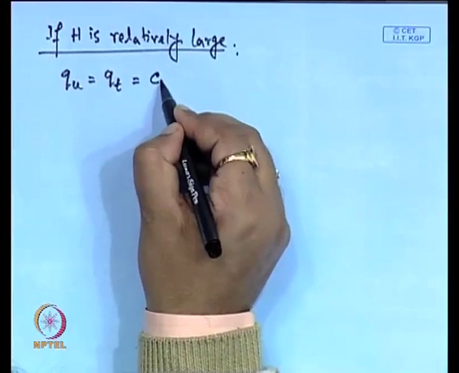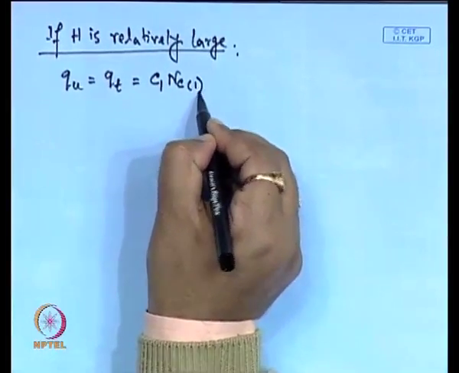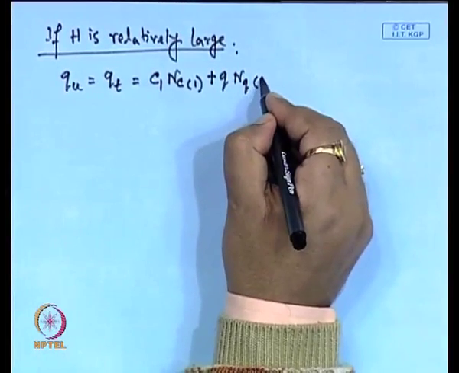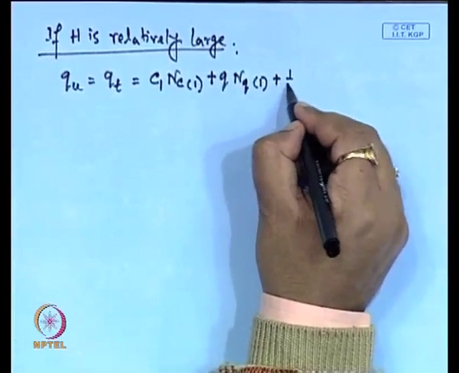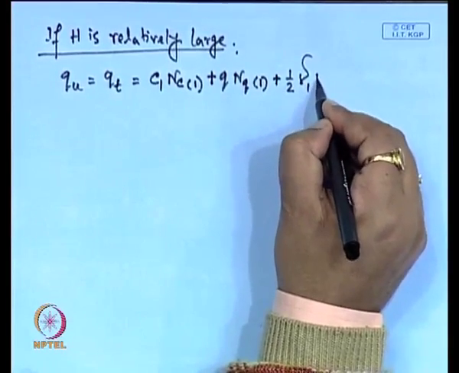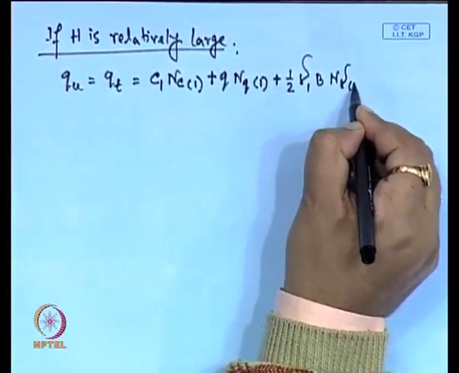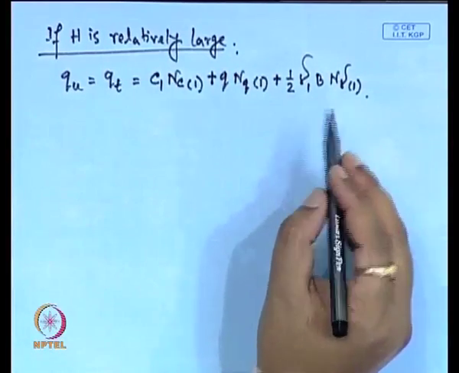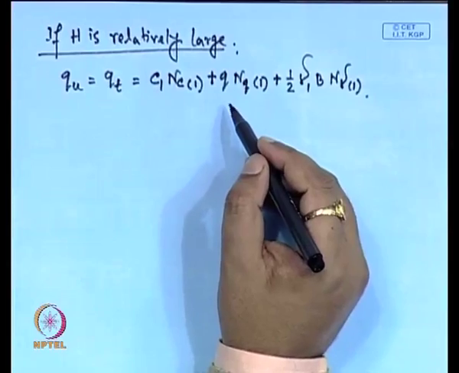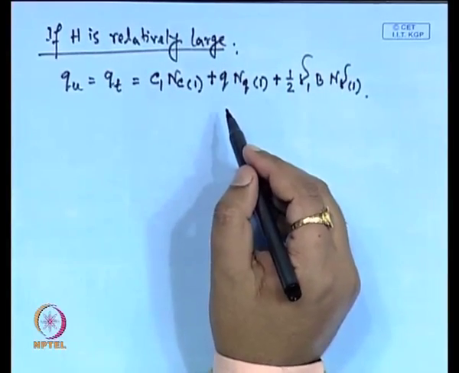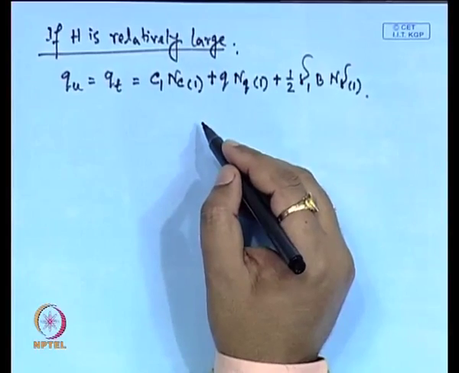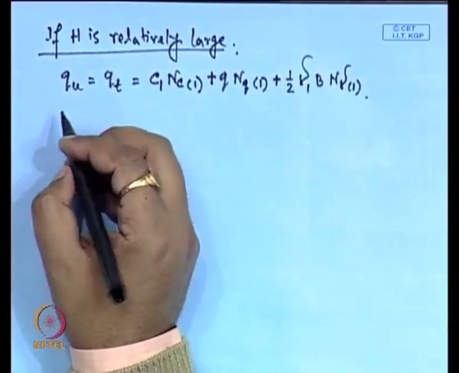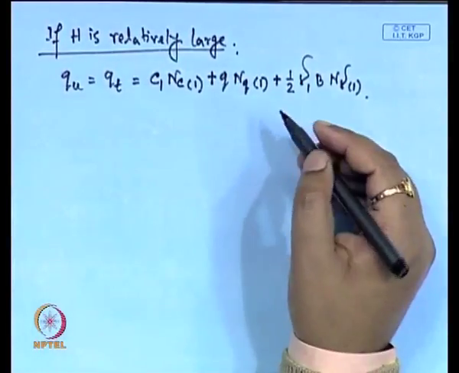That means we will get C1 Nc1 plus q Nq1 plus half gamma 1 B N gamma 1. By using these expressions we can calculate the ultimate bearing capacity of the top layer, because H is relatively large.